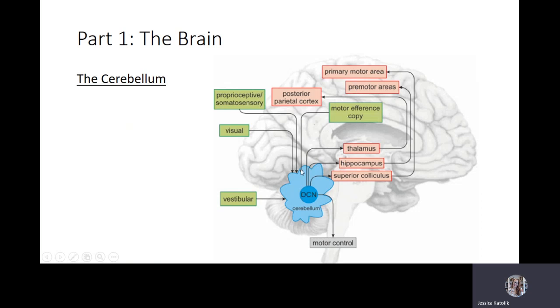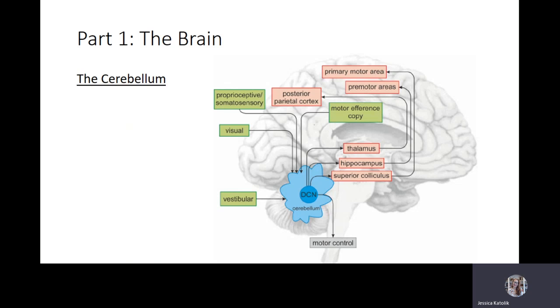The cerebellum is going to process all of this information, the motor efferent copy, so what is the planned motion, proprioception, somatosensory information, visual information, and vestibular information, what is our equilibrium information coming from our ears, and it'll send that information back to the primary motor area so that the cerebrum can actually make adjustments. And then from there, our body will move. So it'll help coordinate those motions.